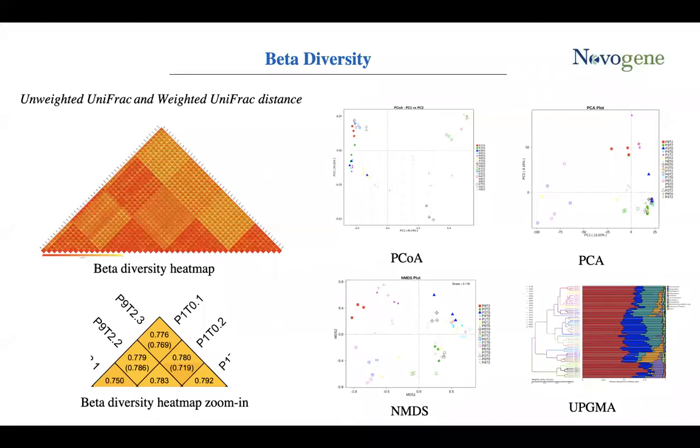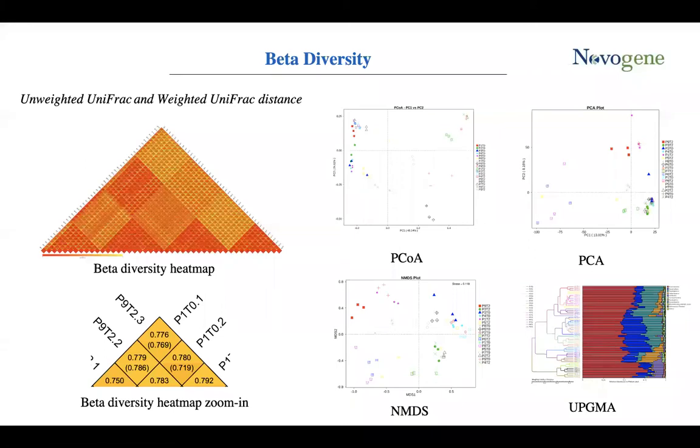The data in this distance matrix can be visualized with principal coordinate analysis, that is the PCoA, or principal component analysis, which is the PCA, the non-metric multidimensional scaling, which is the NMDS, and the unweighted pair group method with arithmetic means, which is the UPGMA.